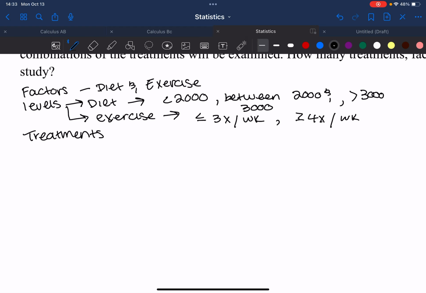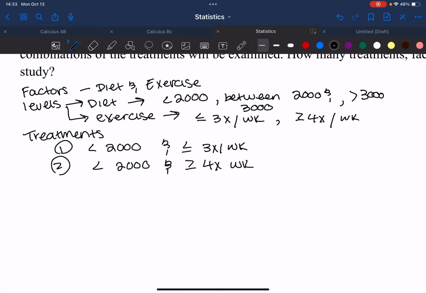And we're going to do that for each of them, which means we have the first one being less than 2,000 calories and less than or equal to 3 times per week. The next one would be less than 2,000 calories and greater than or equal to 4 times per week.